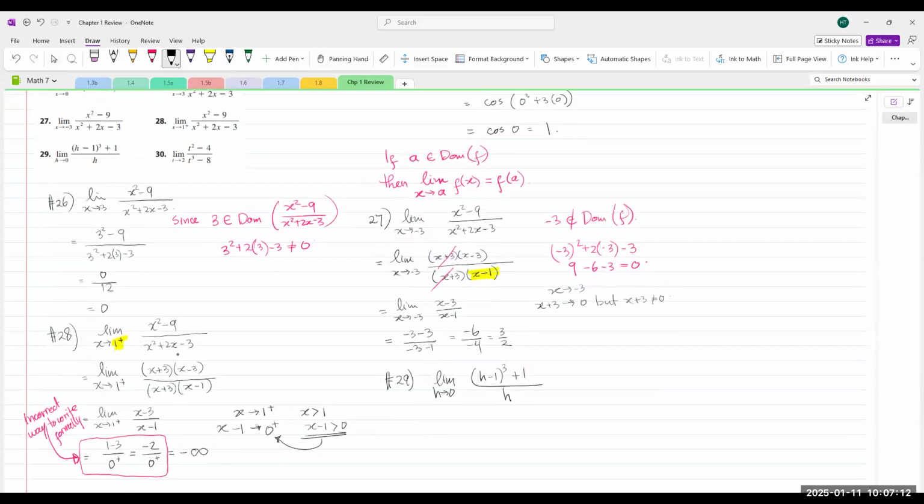I think what I will do is expand (h minus 1) cubed. Let me do it aside. So (h minus 1) cubed is equal to (h minus 1) times (h minus 1) squared. Is it okay? I break that cube into squared times (h minus 1).